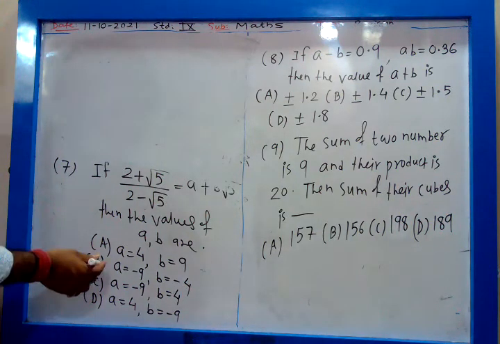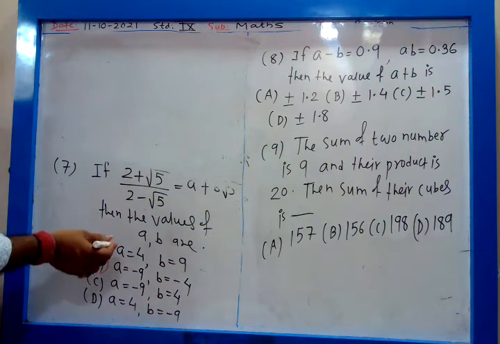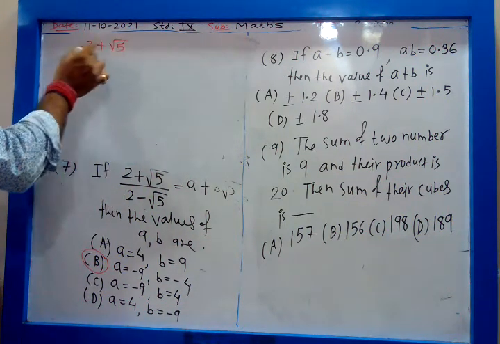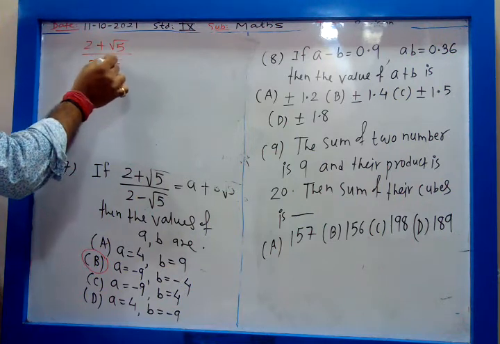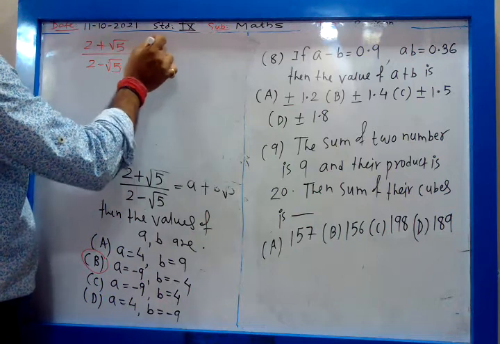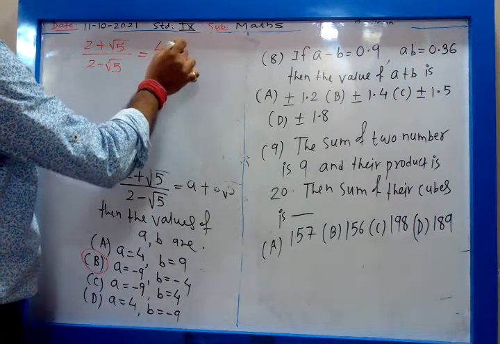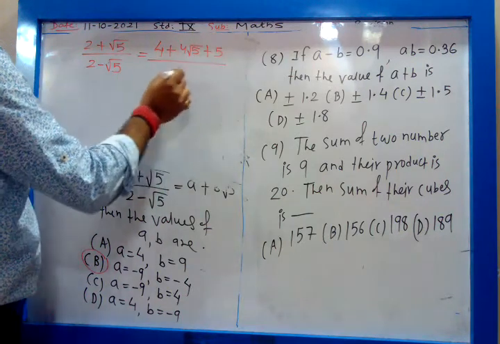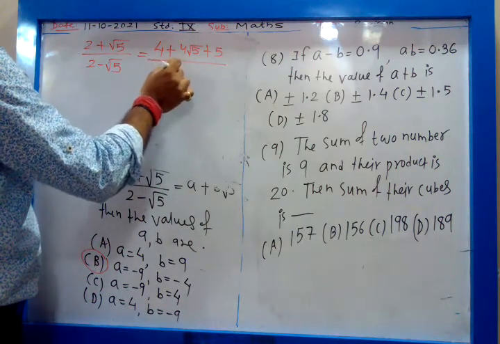Okay, B means A is minus 9, B is minus 4. So let us see 2 plus root 5 upon 2 minus root 5. When you will rationalize the denominator, you will get 2 plus root 5 whole square, that is 4 plus 4 root 5 plus root 5 square is 5, upon 4 minus 5.